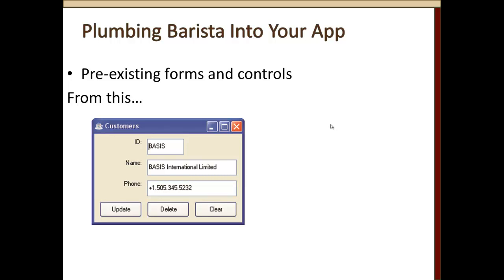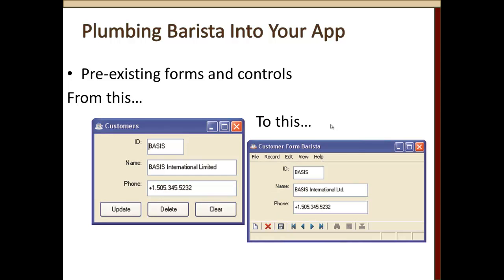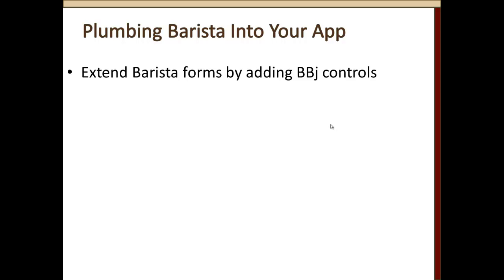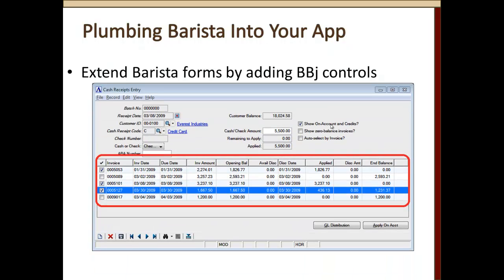Pre-existing forms and controls: we can go from this environment where we have buttons on the screen to control update, delete, and clear, for example, into a form that looks like it belongs in the Barista environment. So we've added the Barista menus across the top, and we've added the navigation across the bottom. The second alternative that we discussed is extending Barista forms by adding native BBJ controls.